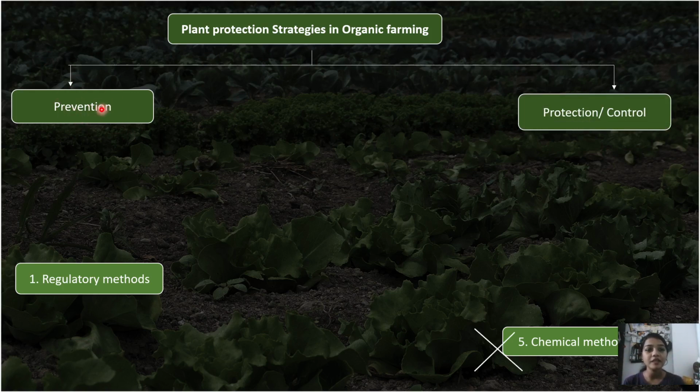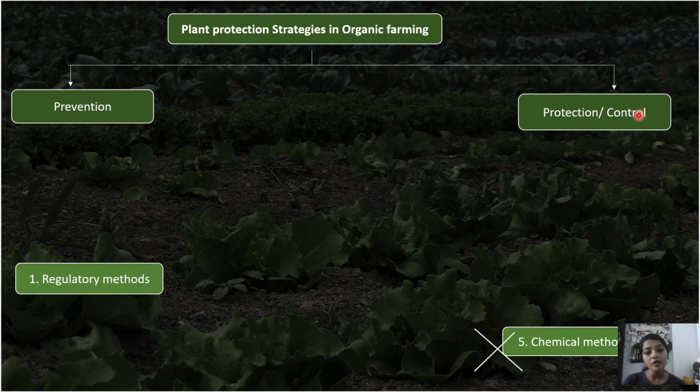Prevention is when the disease has not yet landed on the plant, and we don't want the disease to come, right? So all the steps that we take to keep the disease away from our organic farm will be included in the prevention part, right?